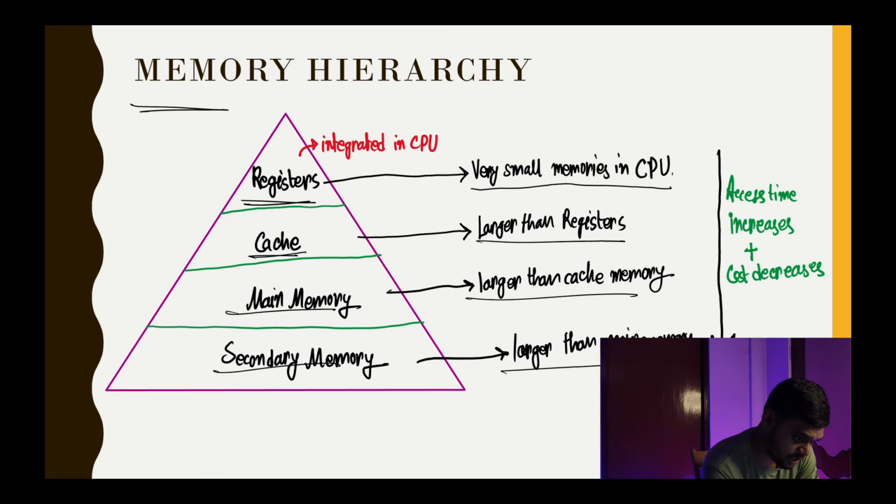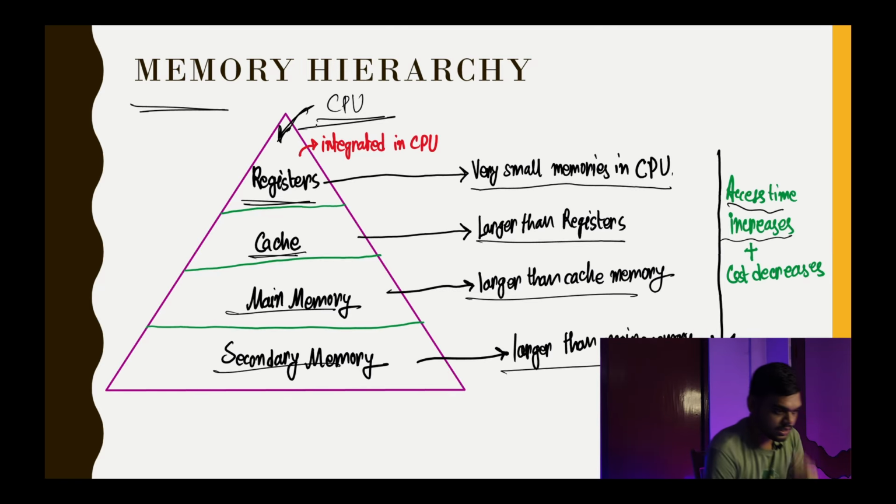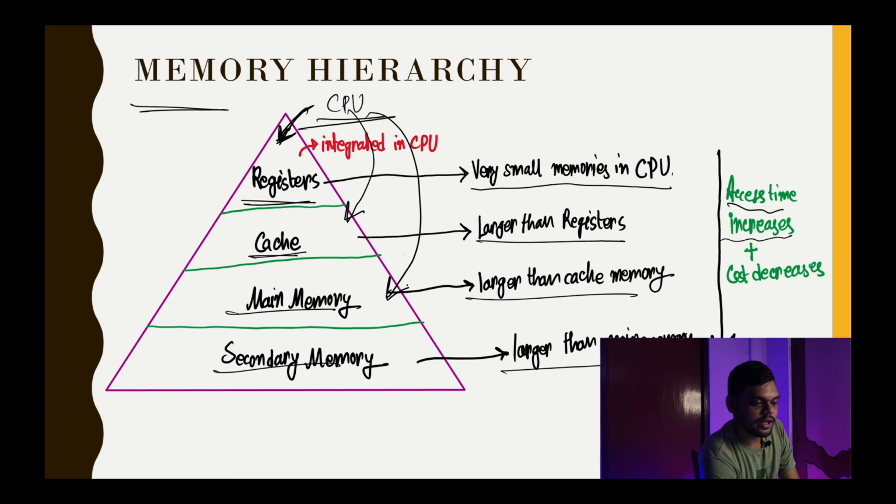The access time increases. The time to access the data will be smallest for the registers. After that, it will be cache, then main memory, and again after that secondary memory. So this is the memory hierarchy.